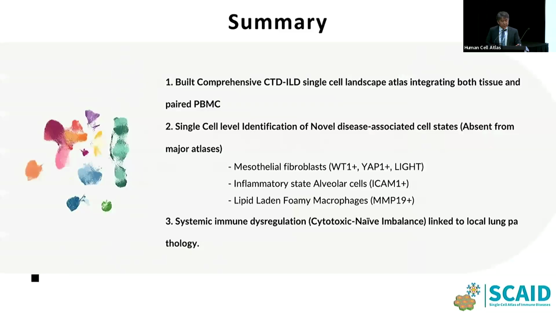And I'll skip this one. So this is the summary. We built a comprehensive ILD single cell landscape, integrating both tissue and paired PBMC, and single cell level identification shows novel cell states, and systemic immune dysregulation, the cytotoxic and naive imbalance, is linked to the local pathology.